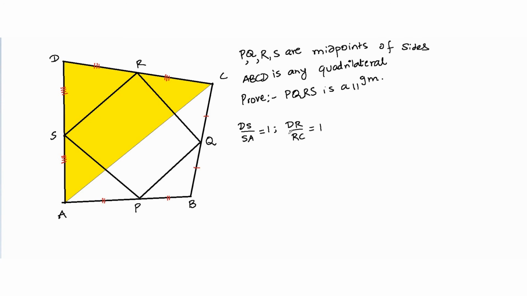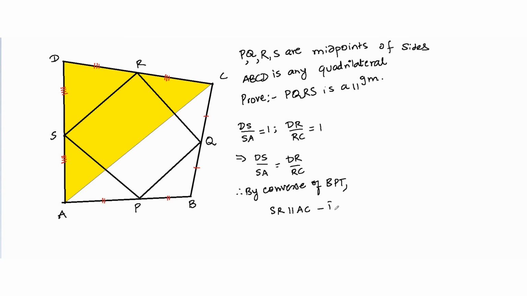Why is it equal to 1? Because the lengths of the sides are equal to each other, right? Therefore DS upon SA is equal to DR upon RC, and by converse of BPT, I can say that SR is parallel to AC.